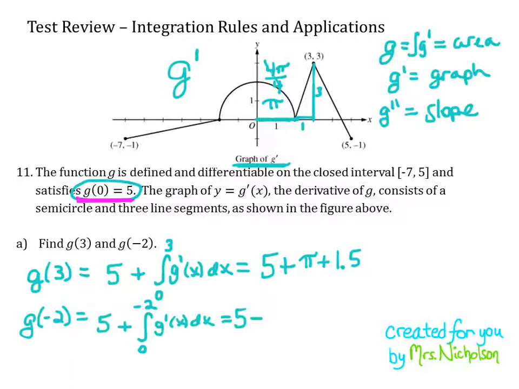And then we need to go back to the graph, and if I'm starting at 0 and going to -2, that is just the same quarter circle that we'd already found the area of. So this area is going to be pi also, but it is negative because we are going in the opposite direction. And so that's the answer to part A.